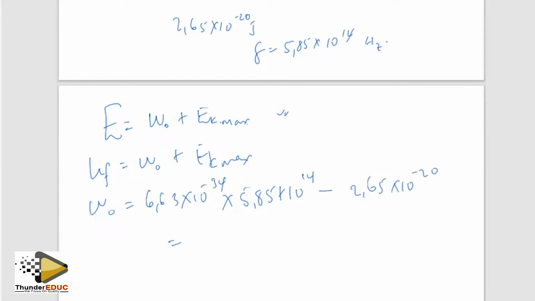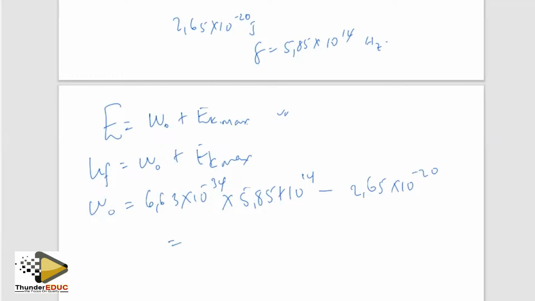So if that happens, which means my work function, 6,63 times 10 to the negative 34, okay? We are subtracting 2,65 times 10 to the negative 20.